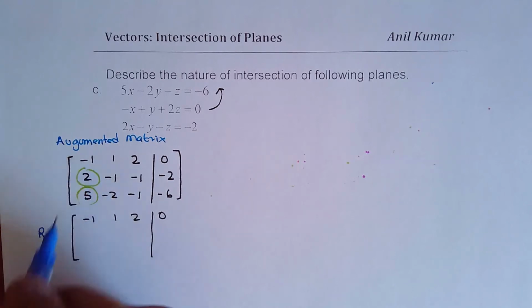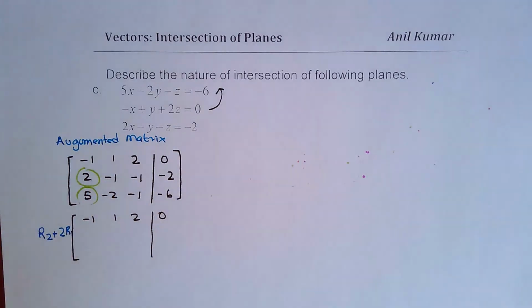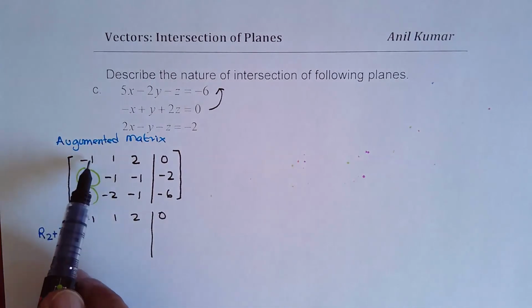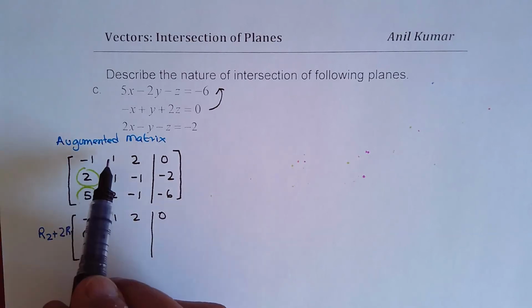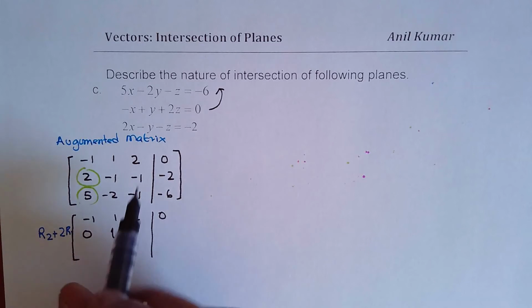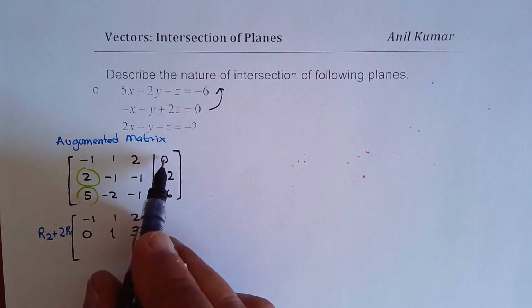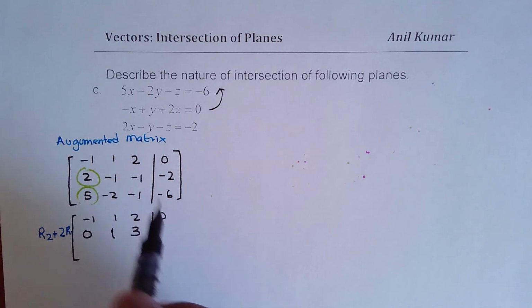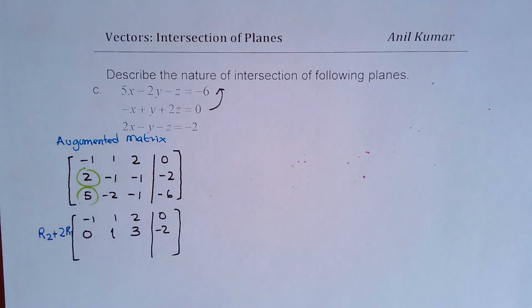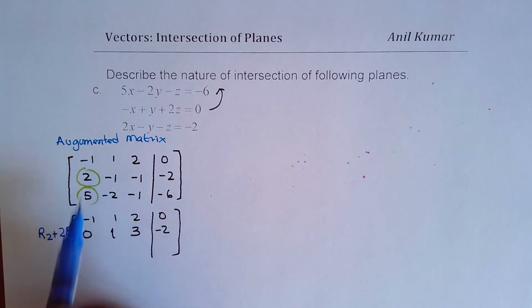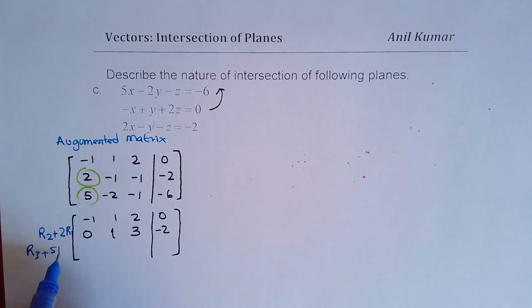Twice minus 1 gives you minus 2, and when you add them, you get 0. 2 minus 1 is 1, 4 minus 1 is 3, and so on for the constant. Now the idea is to make 5 as 0. So we could add 5 times R1 to R3. So we can write this as R3 plus 5 times R1.